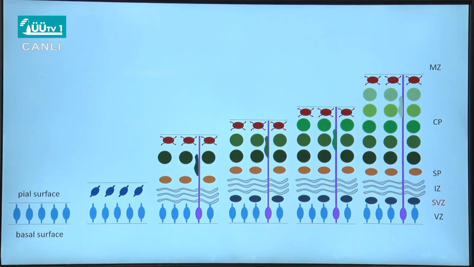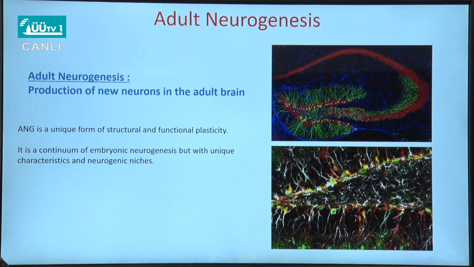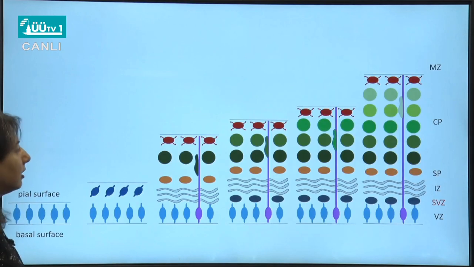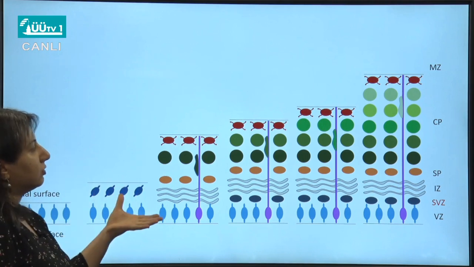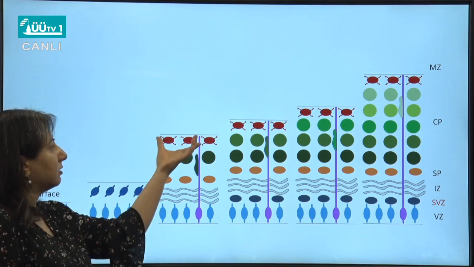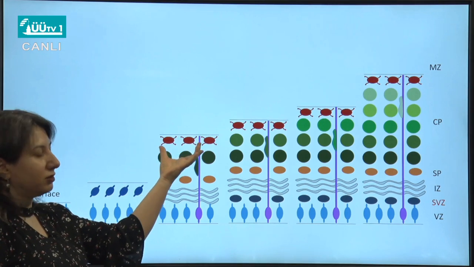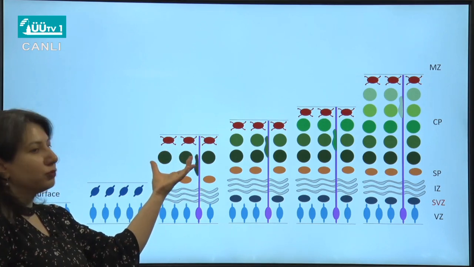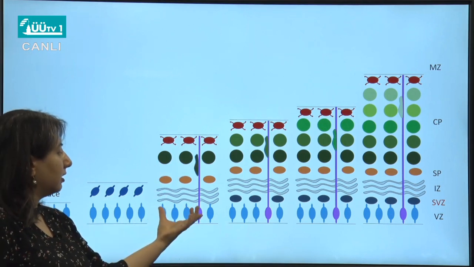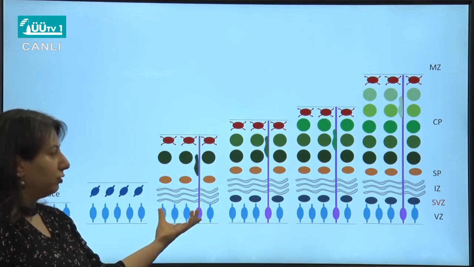And the first thing we will observe after the ventricular zone, the first layer that forms by differentiation from the ventricular zone is the preplate. And we know that preplate then separates into two different layers: the marginal zone that contains Cajal-Retzius cells and the subplate.